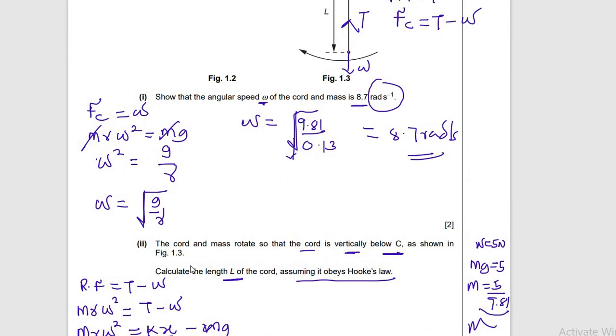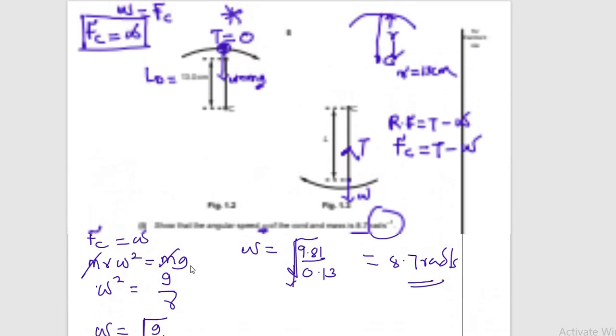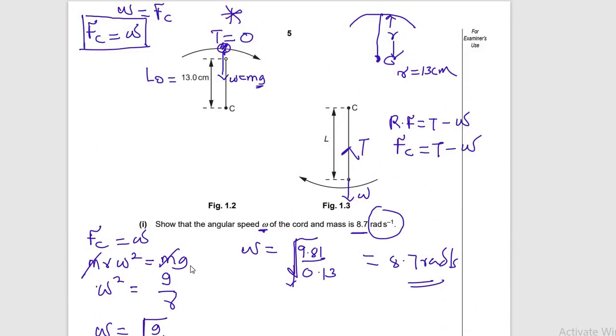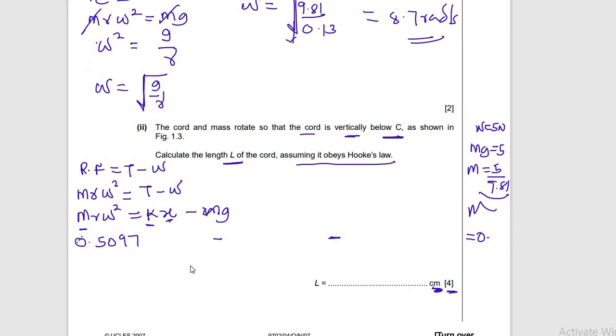You are dealing with this diagram, C. The radius is from the arc to the center. That's L. We are not given it, so the radius is L. The angular speed we've put before, that's 8.7 squared, equals k.